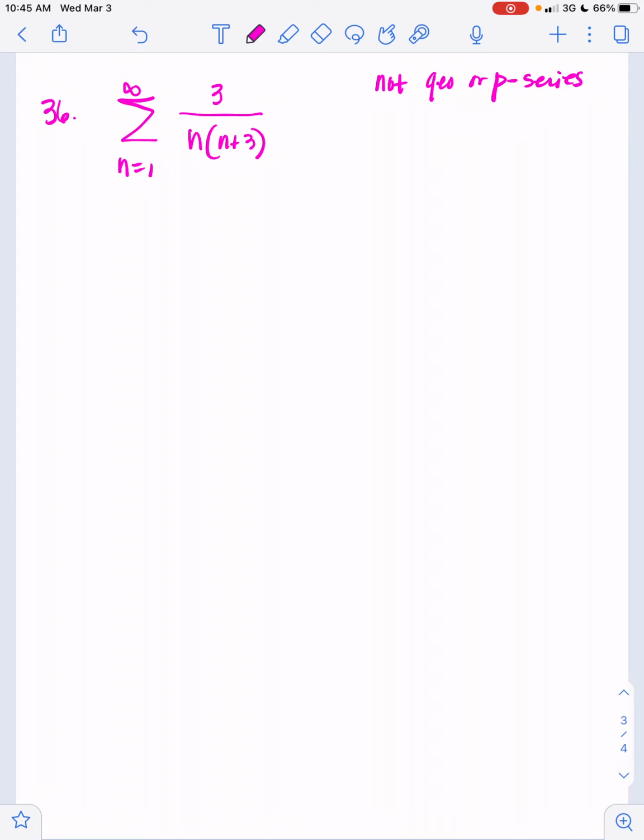That does not apply. So could I do direct comparison, limit comparison, integral test, or is this a telescoping series? If you don't recognize that, oh, right, I could rewrite this and separate these two, or the two factors, and look at the partial fractions here that equate to 3 over n times n plus 3.